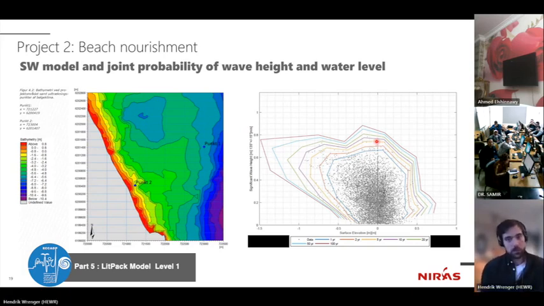So looking at doing some statistics of these mid-ocean conditions and choosing your design values for your coastal modeling is also another integral part of this exercise. And maybe you're not doing it yourself, but then at least you need to request these inputs from others and then also understand what that is and challenge that, etc.